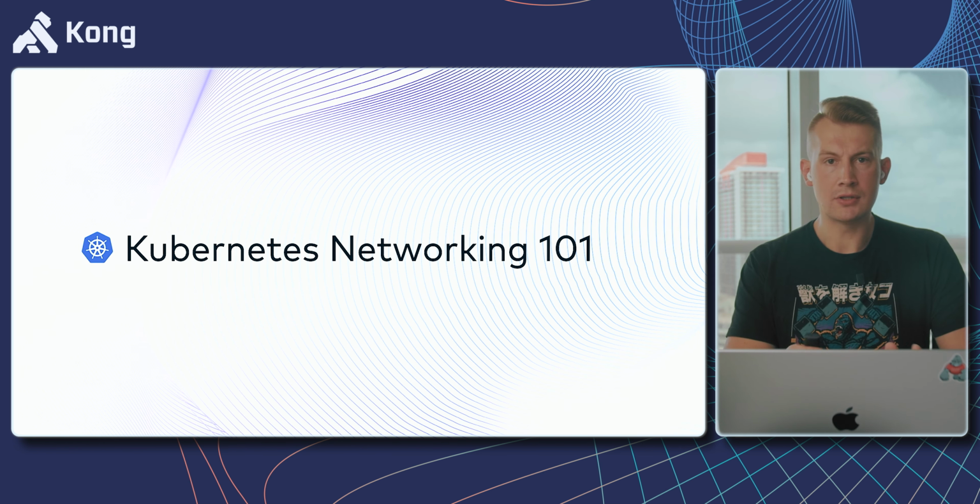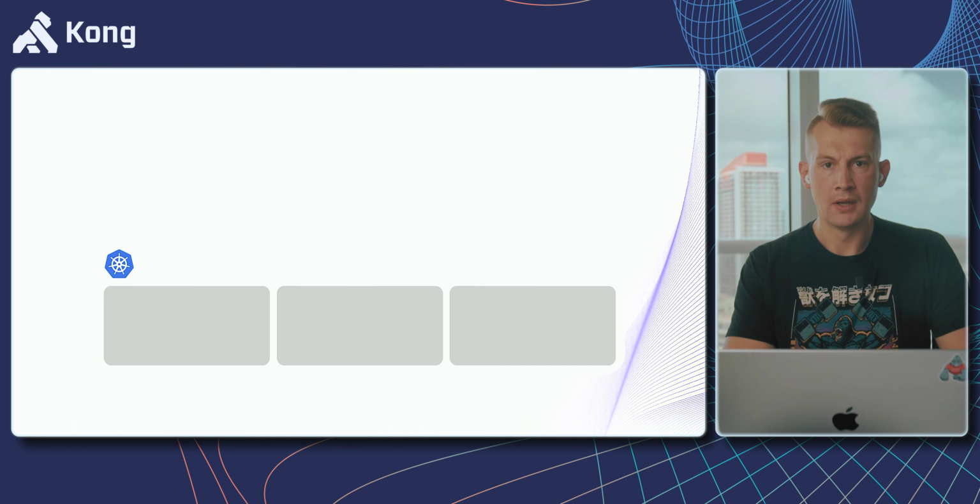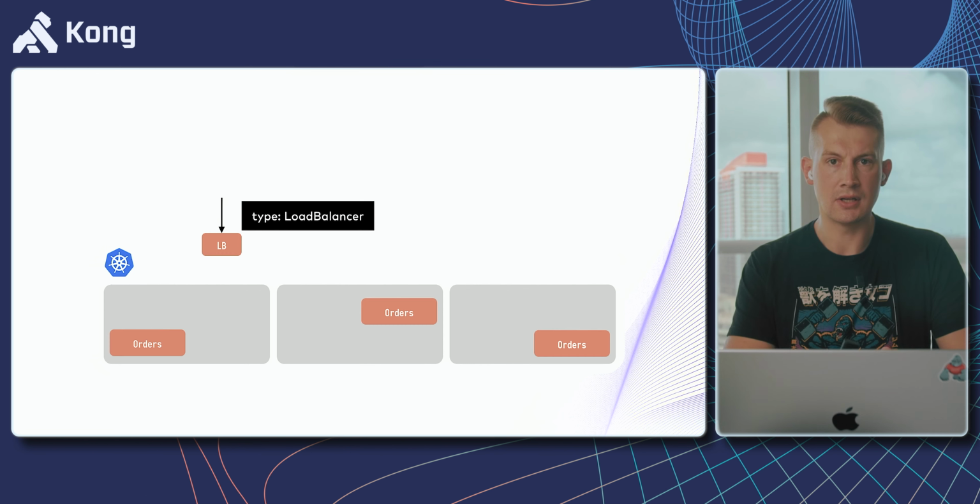All right, so in terms of networking, just real quick, we deploy our applications inside Kubernetes. A Kubernetes cluster might consist of a number of physical nodes. Those nodes can be virtual machines or bare metal. Inside this Kubernetes cluster, Kubernetes will be responsible for deploying your application inside pods.